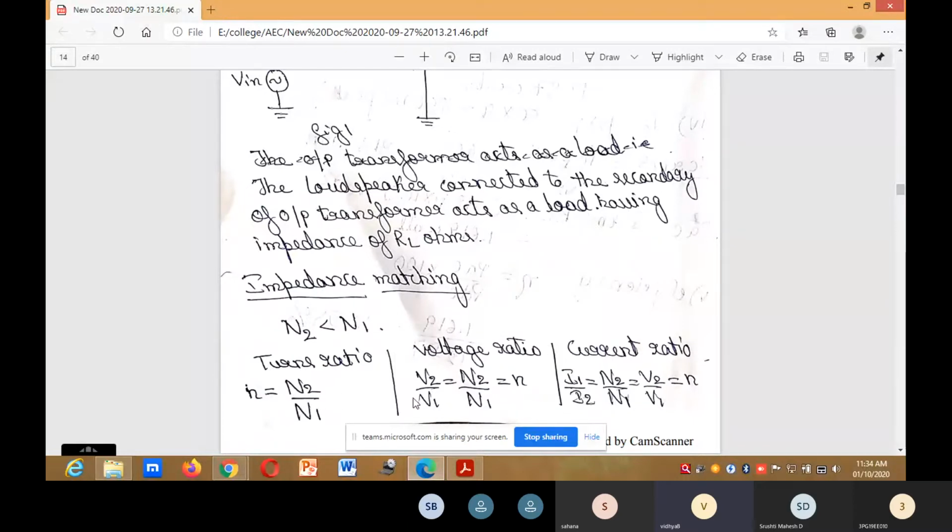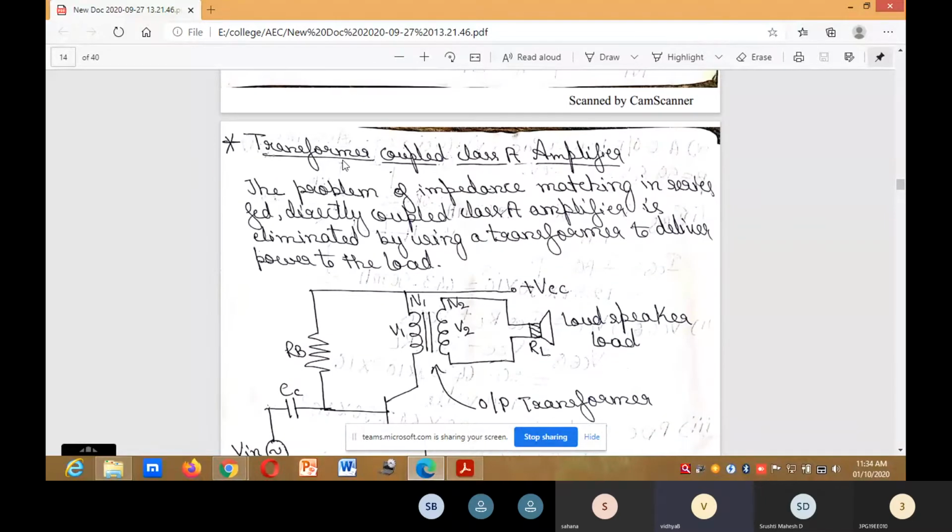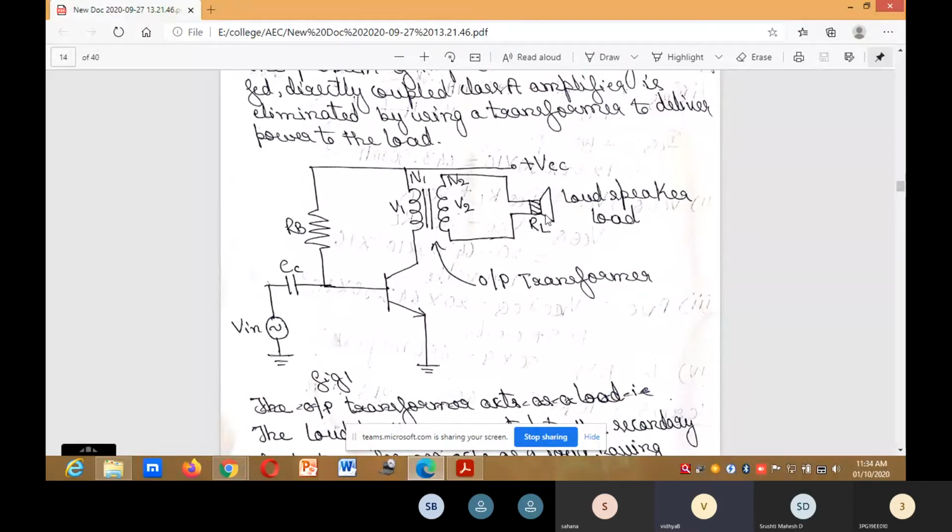Voltage ratio V2 divided by V1 is equal to N2 divided by N1, which is equal to N. Current ratio I1 divided by I2 is equal to N2 divided by N1, which is equal to V2 divided by V1, which is equal to N. This is the diagram for the transformer coupled class A amplifier. It is connected from the transformer to the loudspeaker.